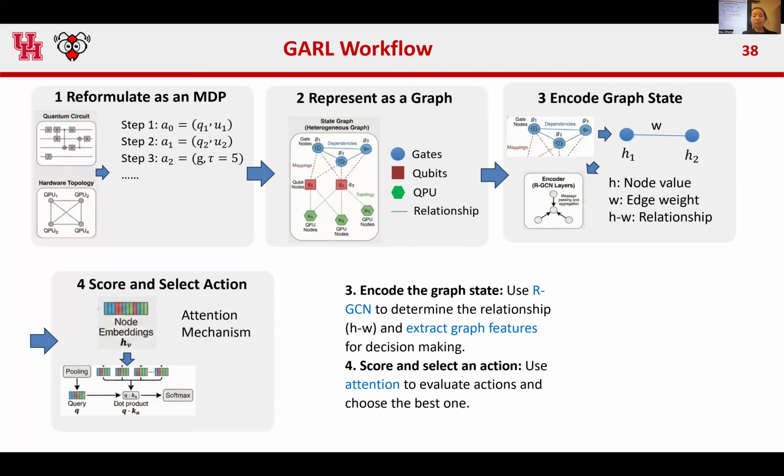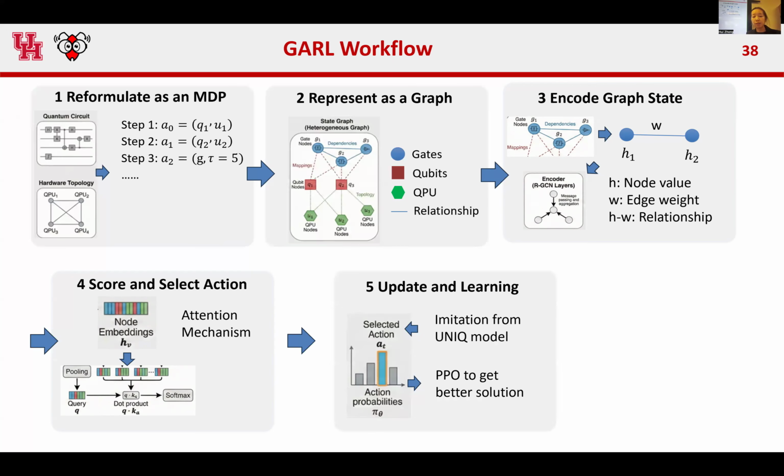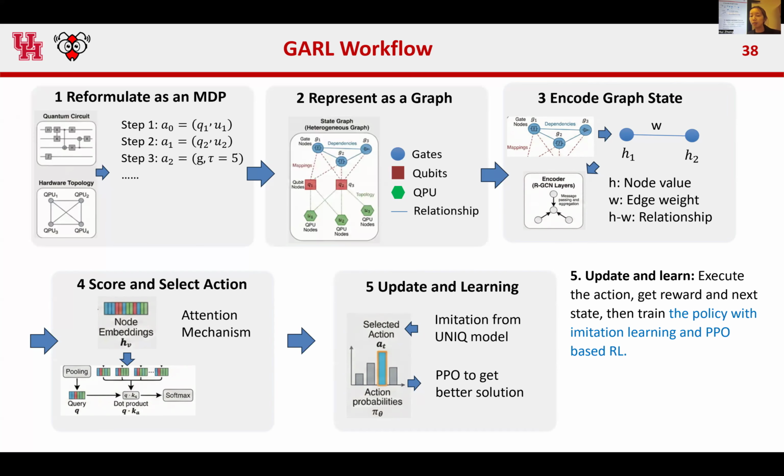We will use attention to evaluate the actions and choose the best action for each state. Finally, the fifth step is update and learning. We will execute the action, get rewards and the next state, and then train the policy with imitation learning and PPO reinforcement learning. Okay, so now we have the 5 steps.